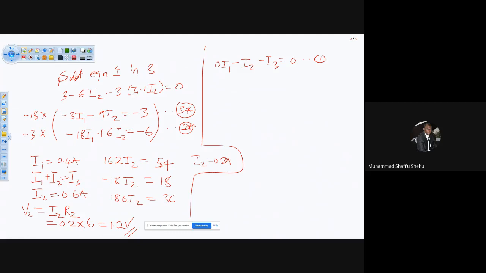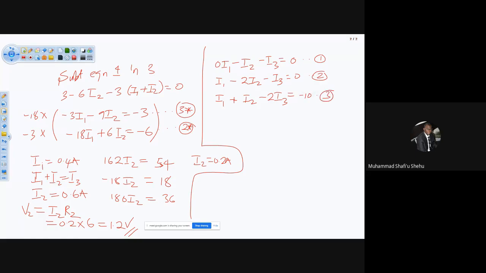Then the second one is going to be I1 minus I2 minus I3 equal to 0. And the third one is going to be I1 plus I2 minus 2I3 equals minus 10.